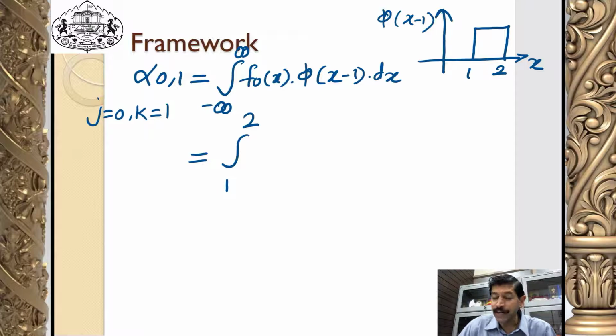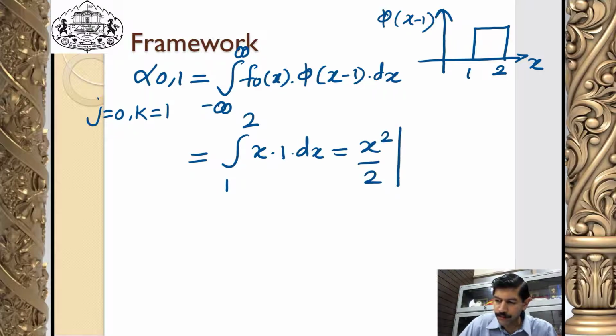F of x will be x between 0 to 3. So this is x into phi of x minus 1, which will be 1 between 1 and 2. So 1 into dx. So this will be x square upon 2 for the limit 1 to 2. If you plug in these values, when we put x is equal to 2, 2 square is 4 upon 2, so that is 2, and minus, you put x is equal to 1, you get half.